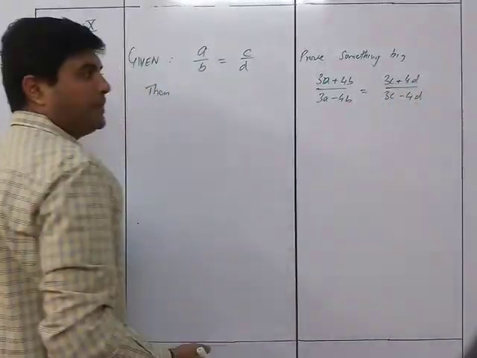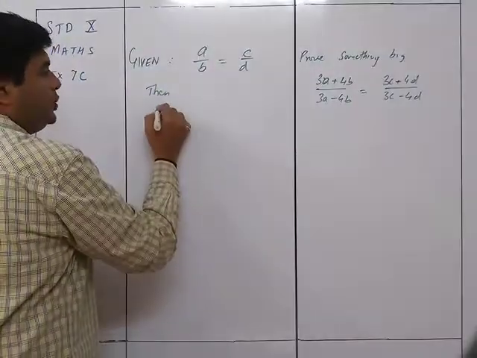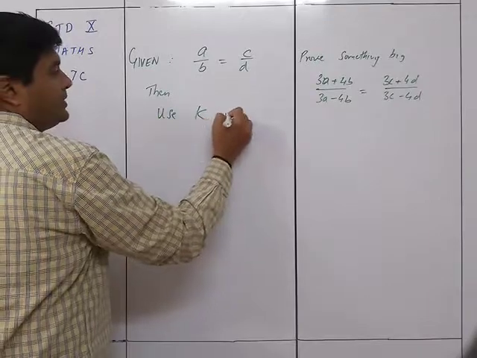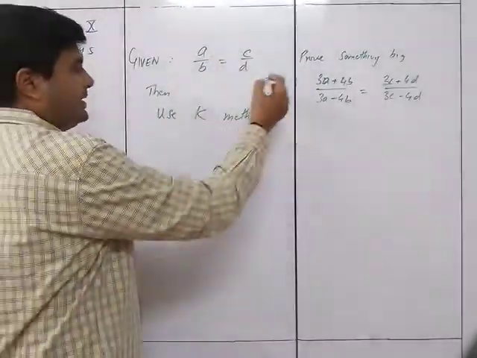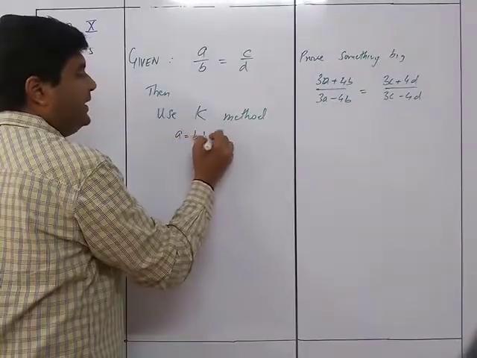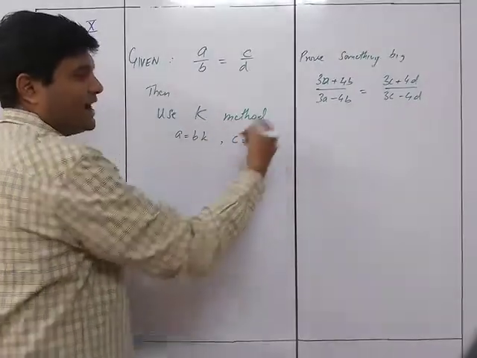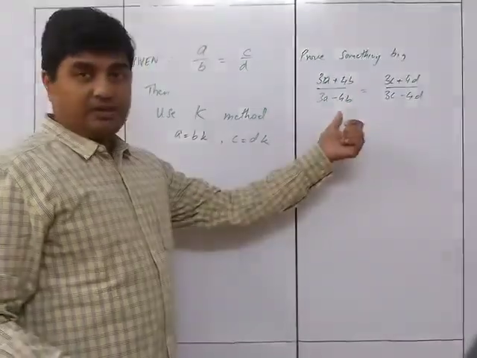If such a thing is to be proved, then use the K method, which we understood last time, that this is nothing but K, so A is equal to BK and C is equal to DK.